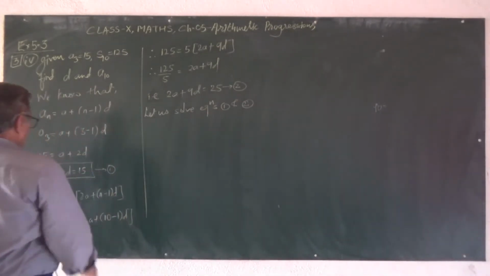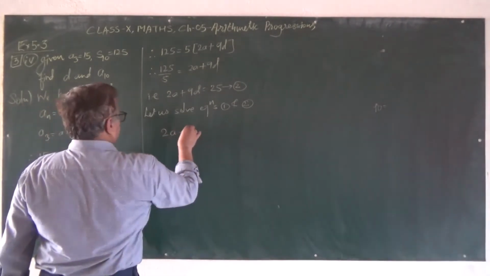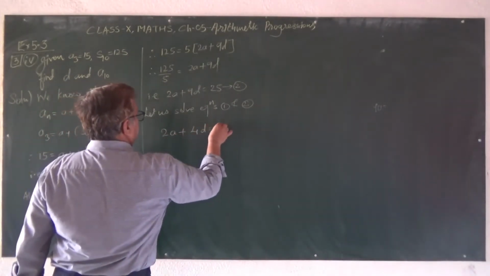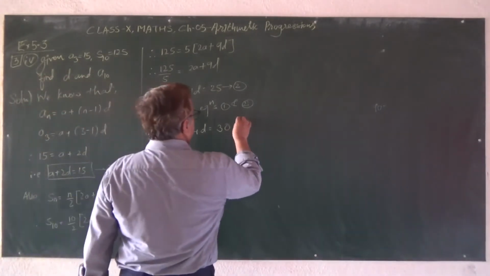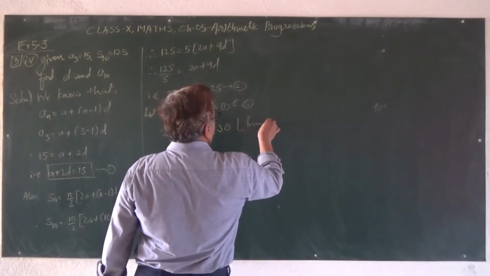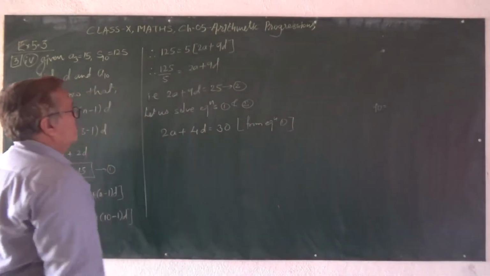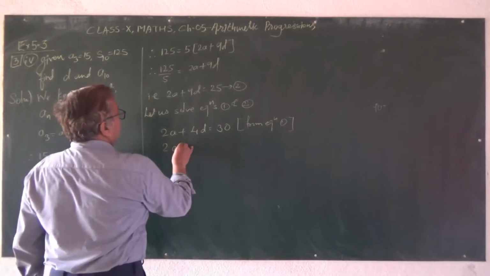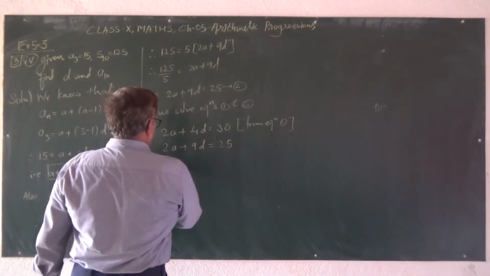Now, 2A plus 4D is equal to 30. This equation we got from equation 1. And what is equation 2? 2A plus 9D is equal to 25.